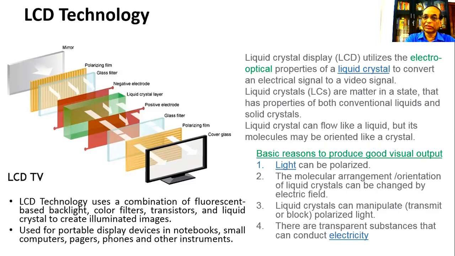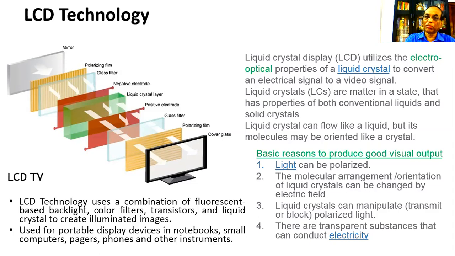So liquid crystals are matter in a state that has properties of both conventional liquids and solid crystal. It has both the property of the liquid and the property of the solids. Both are there. Because in case of the liquid, it is very difficult to get the aligned crystals and others.